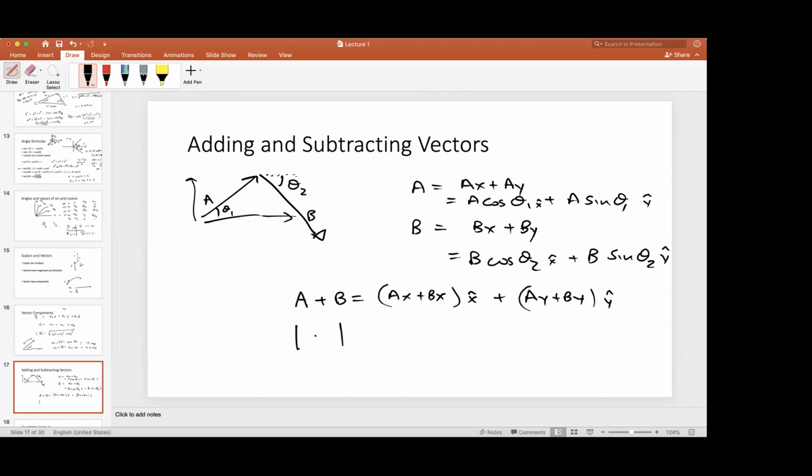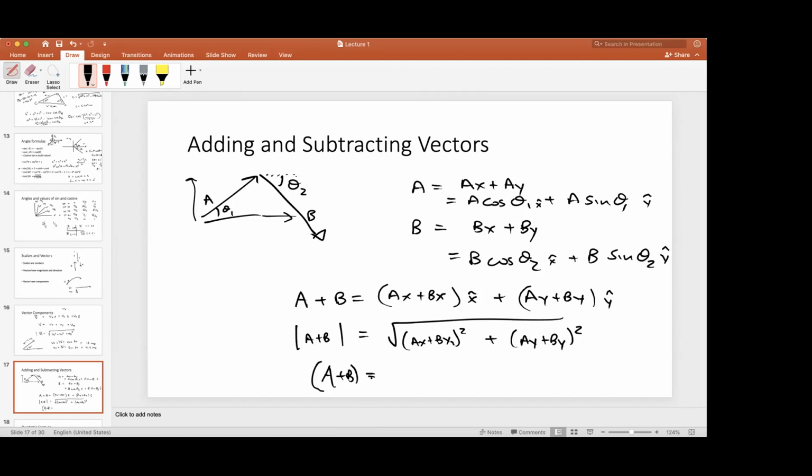The magnitude of A plus B would be the square root of (AX plus BX) squared plus (AY plus BY) squared, right? A plus B in the X direction would be that, and the component in the Y direction would be that.